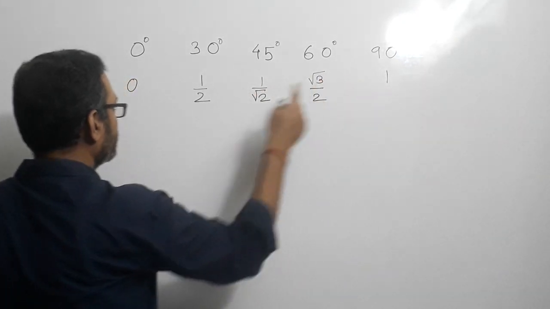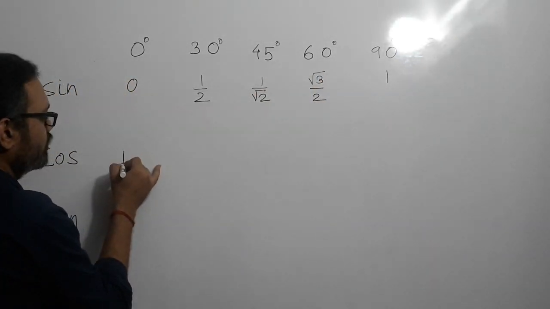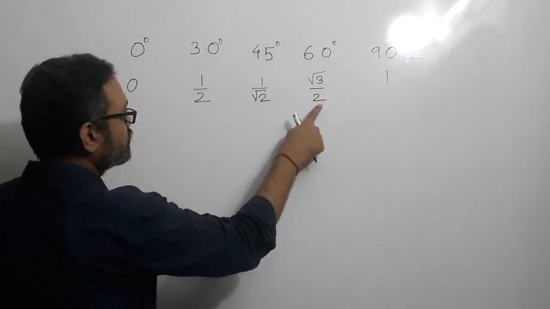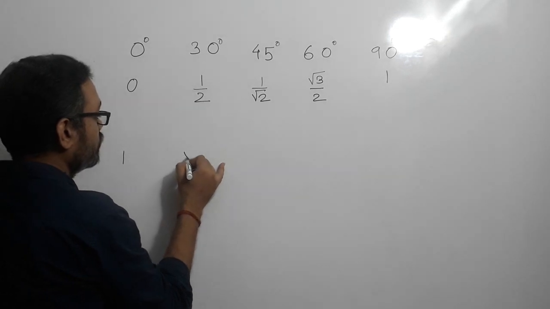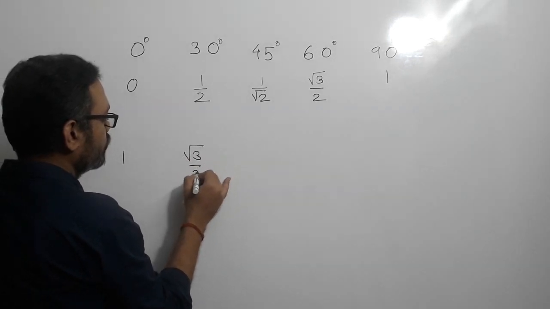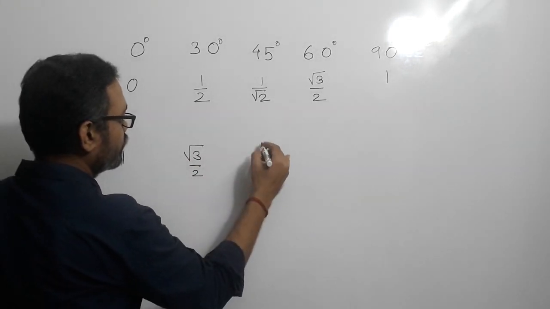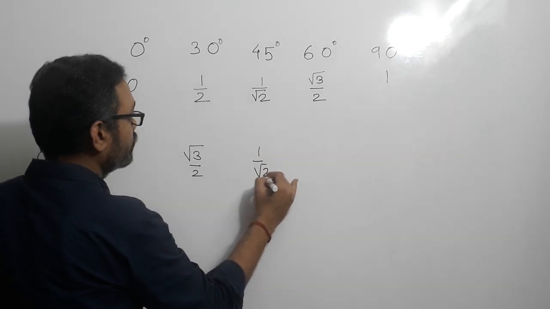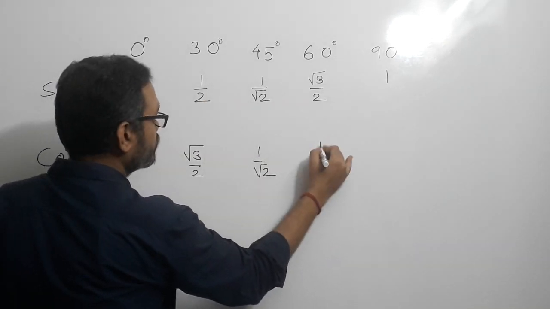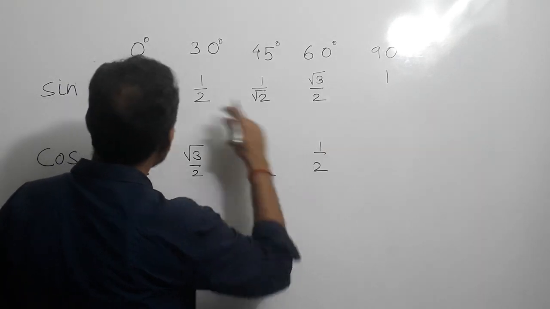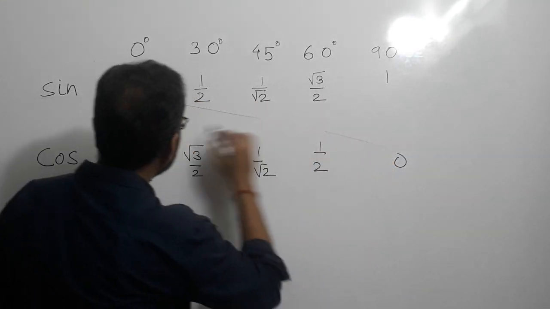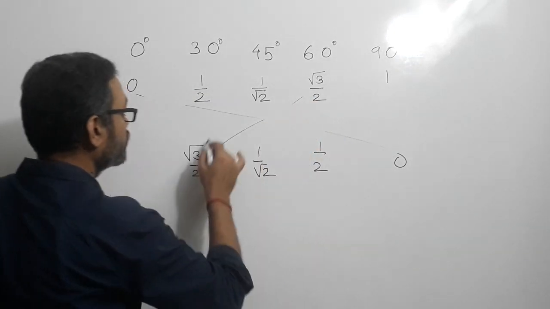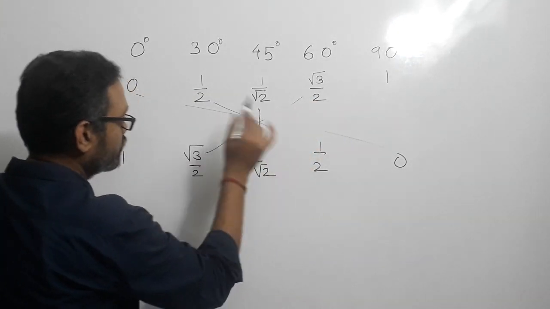When sine is 1, cos here will be 1. When this is 60, here it has to be root 3 by 2. When this is 45, this is 1 upon root 2. This is 30, this is 1 upon 2. This is 0, this is 0. These values came here, here, here, here, and this is here.